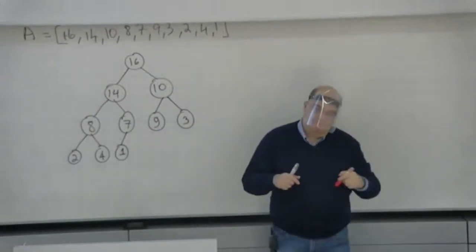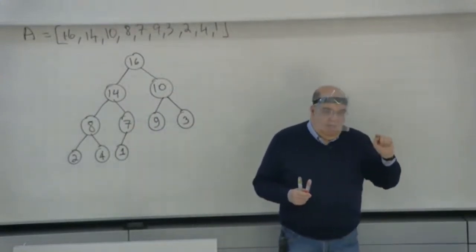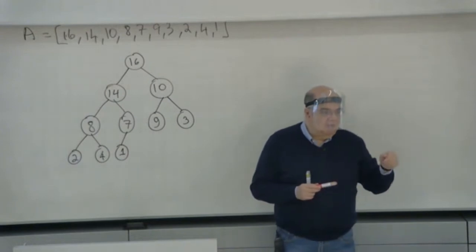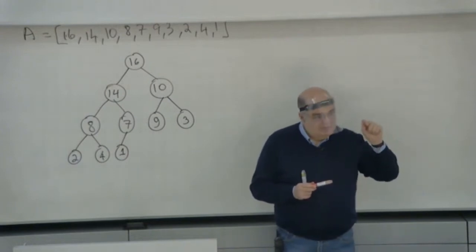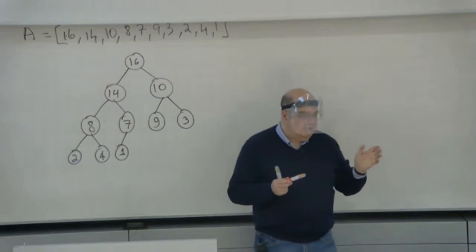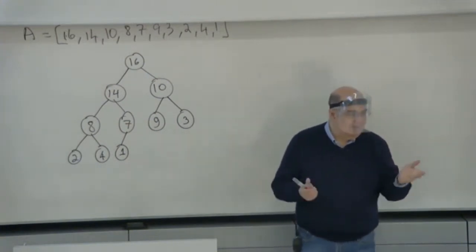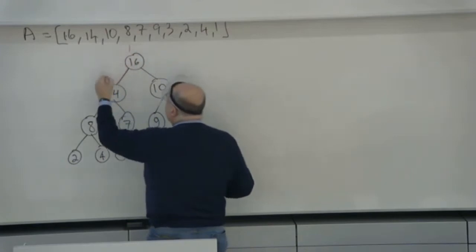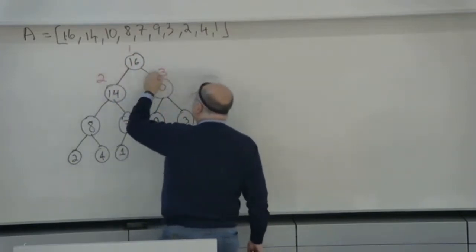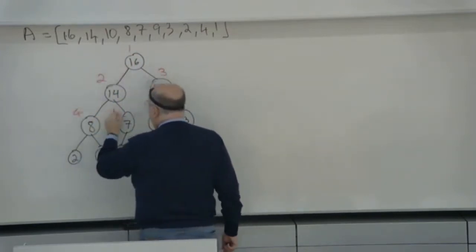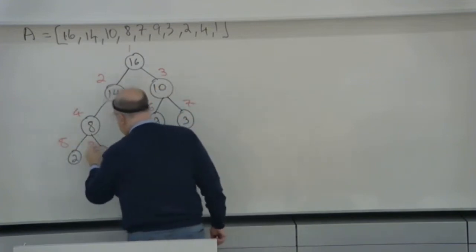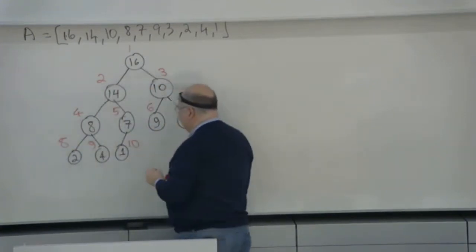I'm using the numbering that is in the book, Introduction to Algorithms, which starts from 1 instead of 0. Of course, you have to adjust for the Python representation, which starts from 0. So this is element number 1. This is element number 2. This is element number 3, 4, 5, 6, 7, 8, 9, 10.